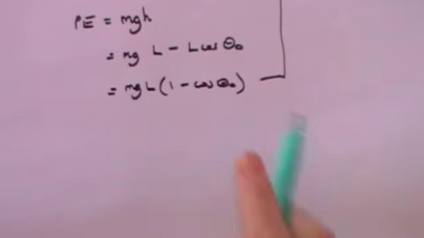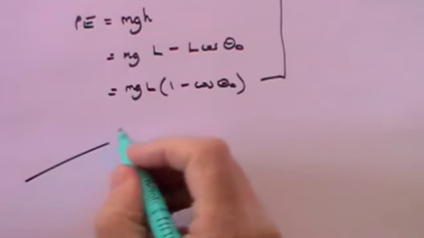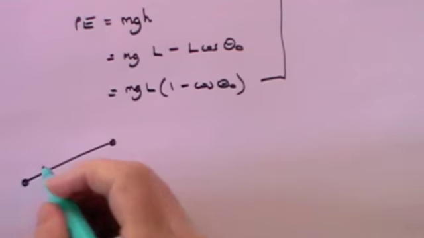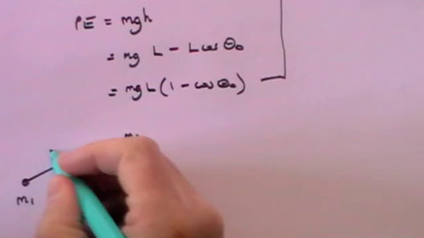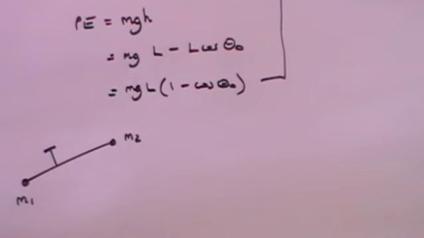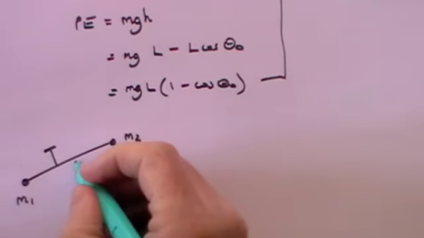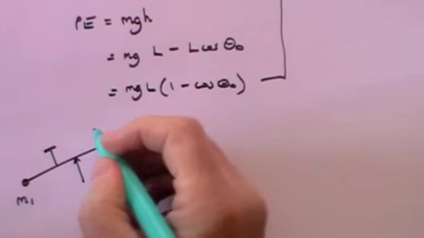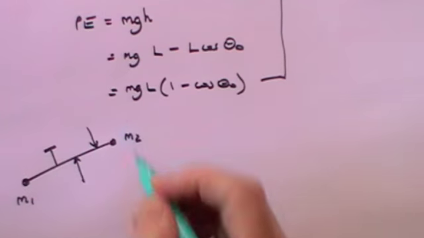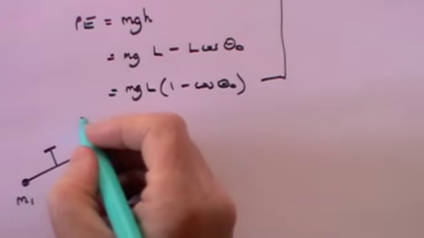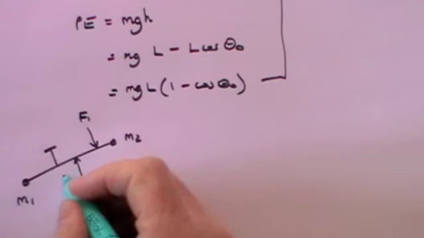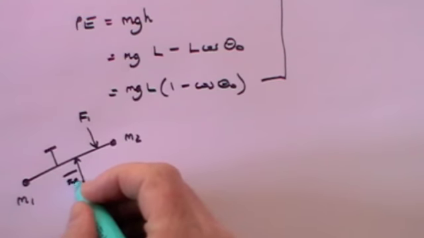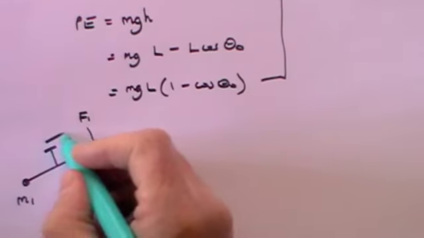Let's go back to our massless rod with two masses at each end, M1 and M2. Once again, we pivot it at that point, and this time we're going to apply two forces, but in opposite directions. This is F1, this is F2. F2 is at a distance x2 from the pivot point.